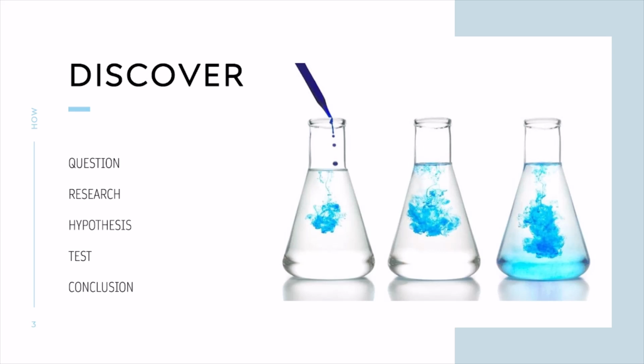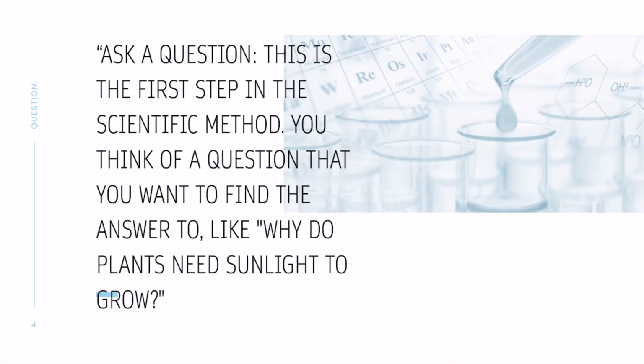The path of discovery starts with a question, and you do research, background research, and you form a hypothesis, and then we test this hypothesis, and we might do more than one test, and we finally make a conclusion. These are the steps to the scientific method.